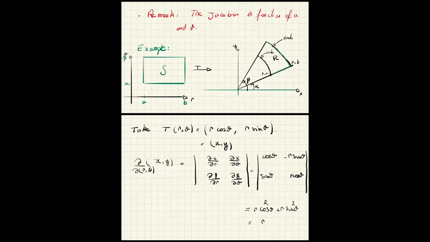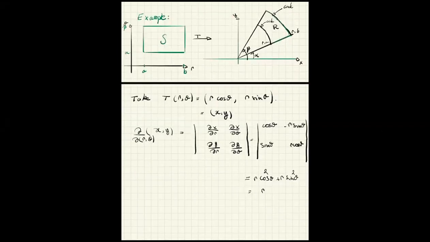And you have to check the theorem, right? The theorem says the Jacobian cannot vanish inside S. So we are okay because we are not hitting the origin here, not hitting any r line inside. So this is positive.